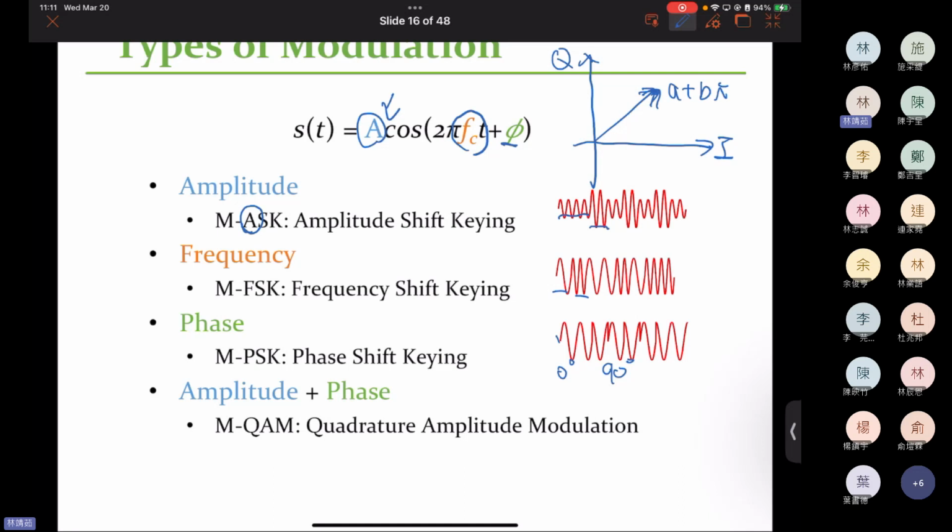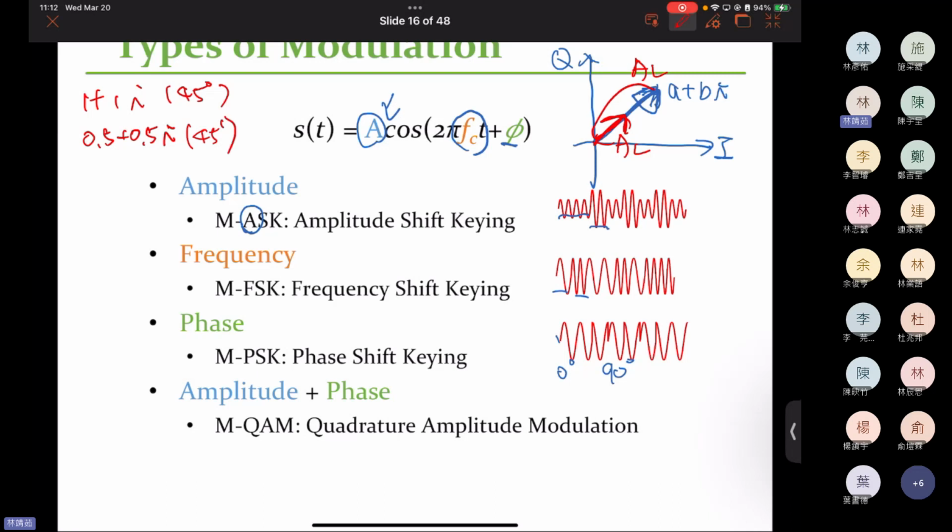When we change A, it means we might use a longer vector to represent 1 and a shorter vector to represent 0. This is the low amplitude, and this is the high amplitude. If you are sending 1 plus 1i and also 0.5 plus 0.5i, their phase is actually the same, both 45 degrees.